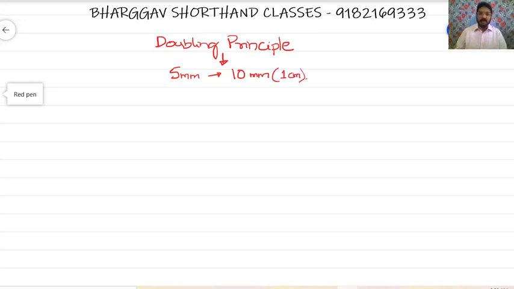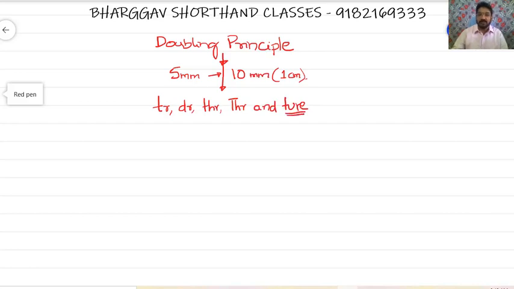For the addition of T and D, we have employed halving principle. So for doubling, it is for the addition of not T and D, now it is tar, dar, along with this thar, dhar and ture.